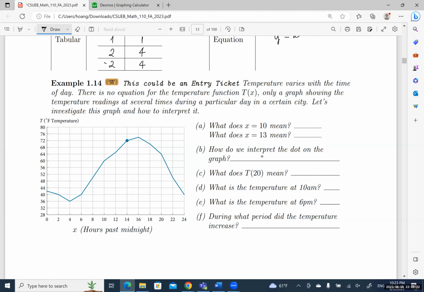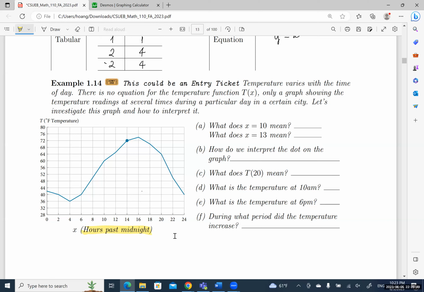If I want to know what x equals 10 means, you have to look at the axis here. What does that stand for? You see that it stands for the hours past midnight, right?